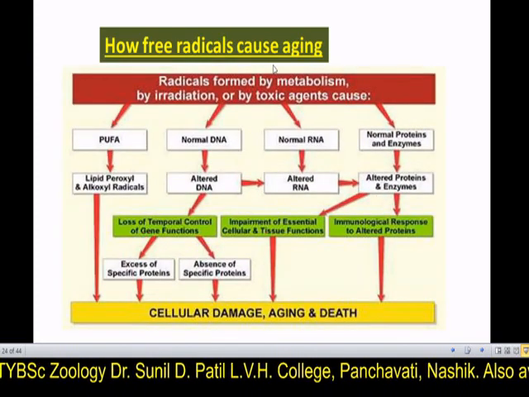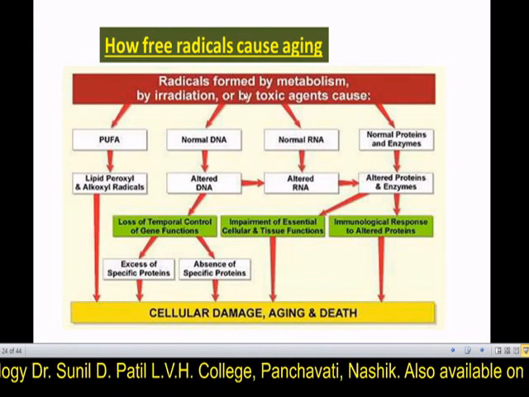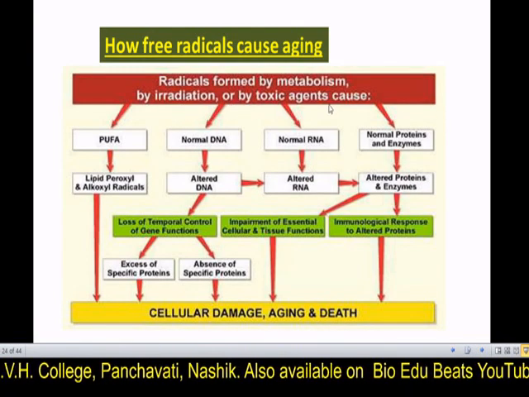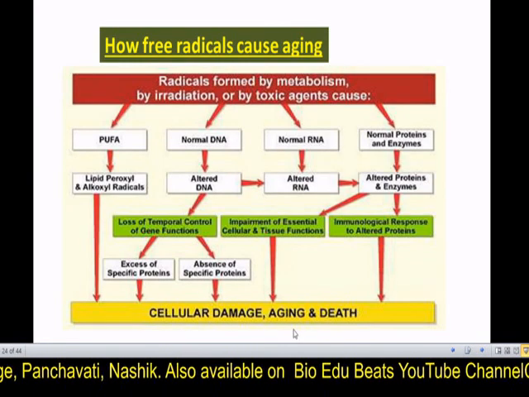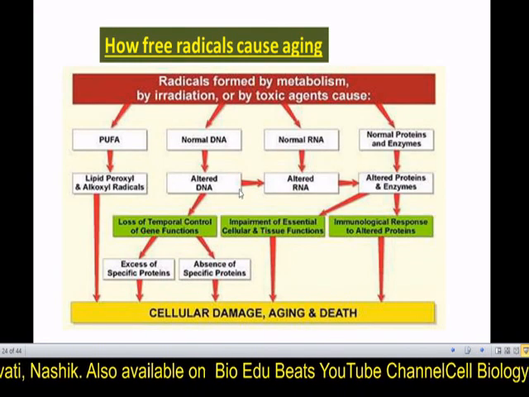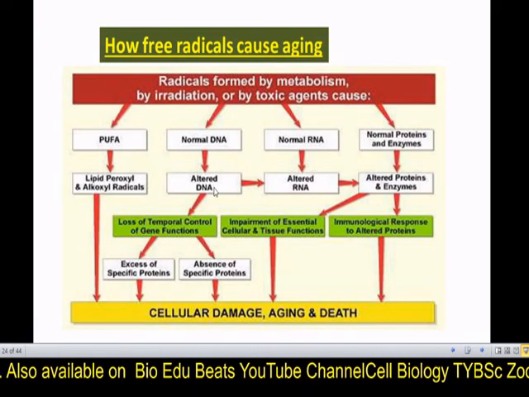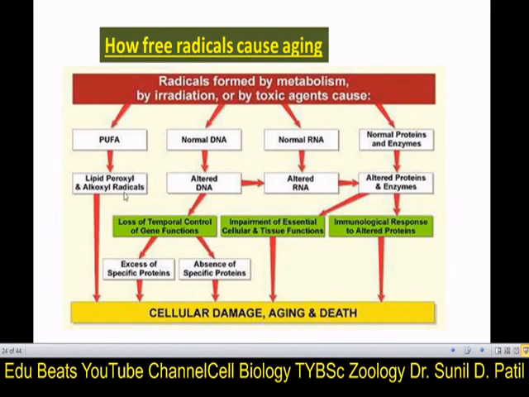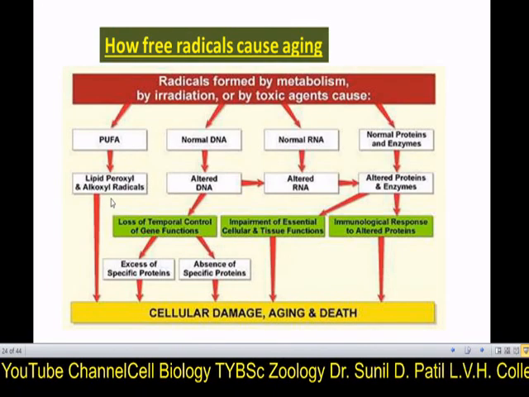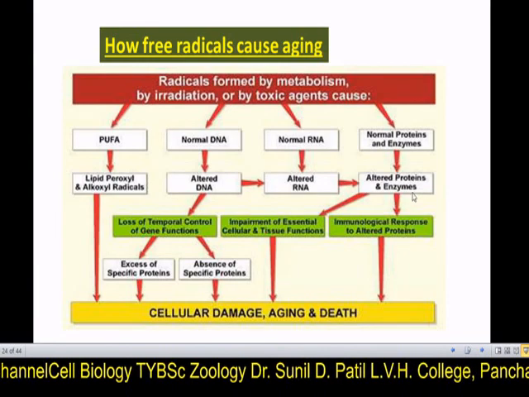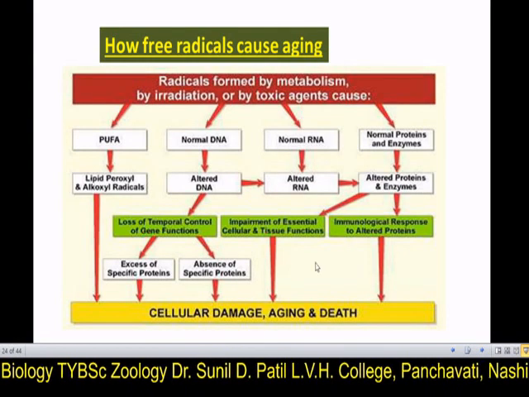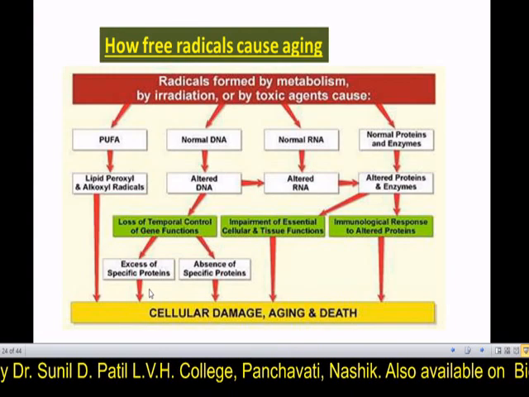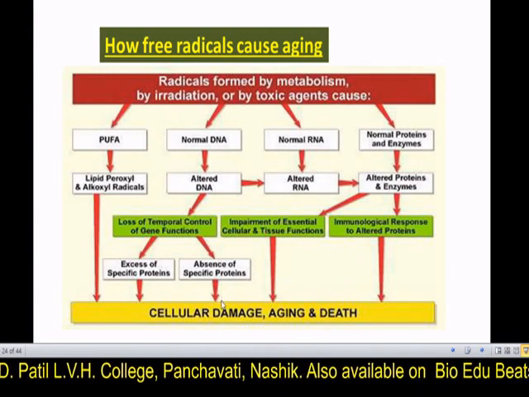How do free radicals cause aging? The radicals formed by metabolism, by irradiation or by toxic agents cause cellular damage, aging and death by different routes. DNA is altered, RNA is altered, lipid peroxyl and alkoxyl radicals are formed, and proteins and enzymes are altered. They cause impairment of different things, organelles, and an excess or absence of specific proteins.